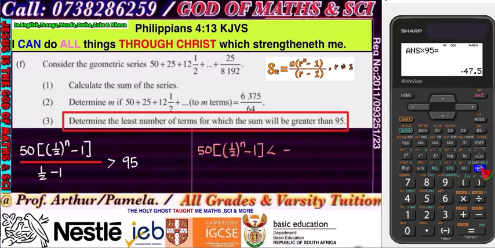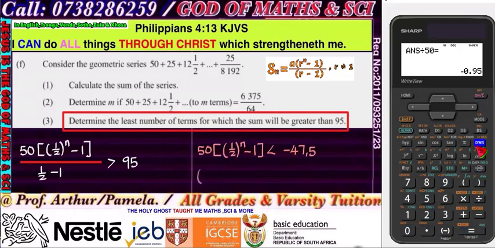It's going to be negative 47.5. There we go. Now I'm going to divide both sides by 50, meaning negative 47.5 must be divided by that 50. There we go. Let's see in decimal form. There we go. Since I used a positive number, no need to reverse the inequality sign.